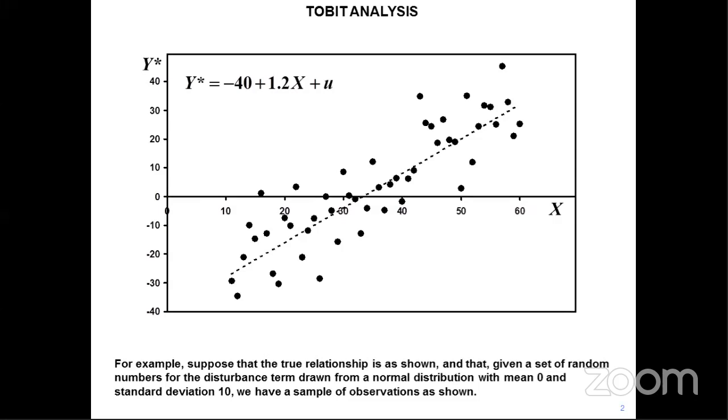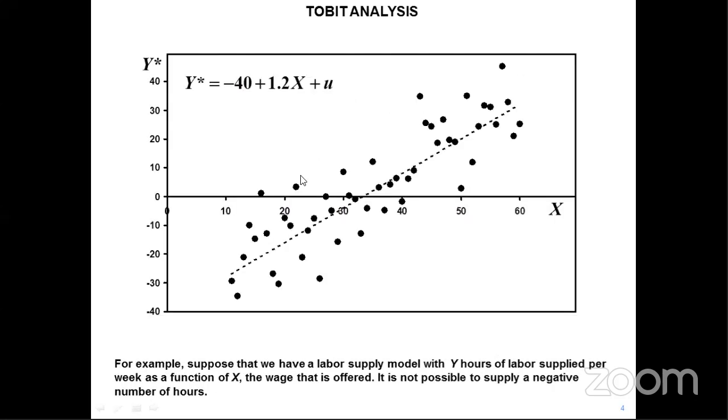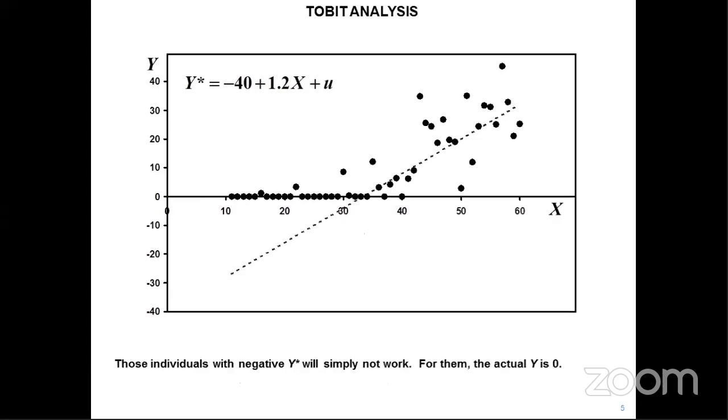Based on the derived values of x, with a mean of 0 and a standard deviation of 10, we have observations like this, and we have estimated a regression like this. This is a linear or OLS regression. By observing this, you have noted that they are evenly distributed: some are less than 0, some are greater than 0.